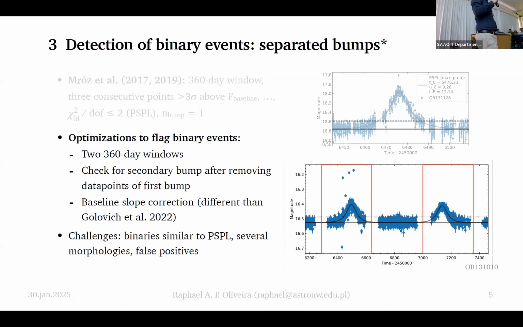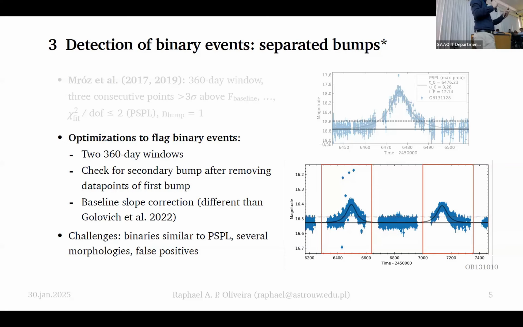Some other optimizations: to flag the binary events, I check for a secondary bump. Let's say that I remove the points from this bump and check again if there is another bump.